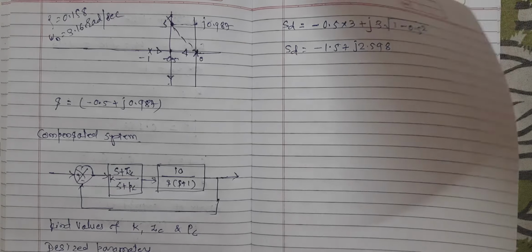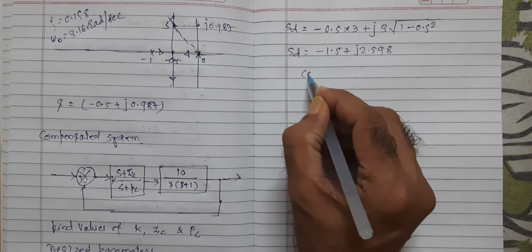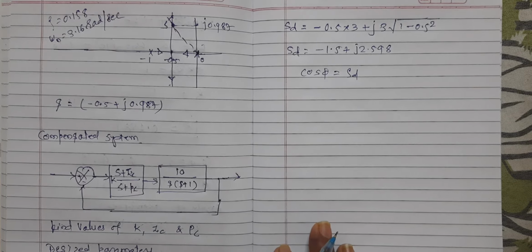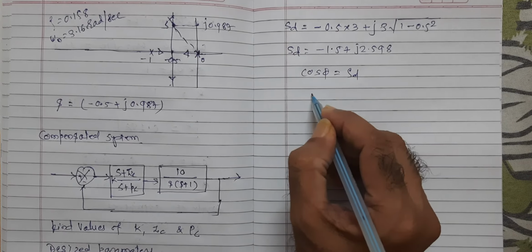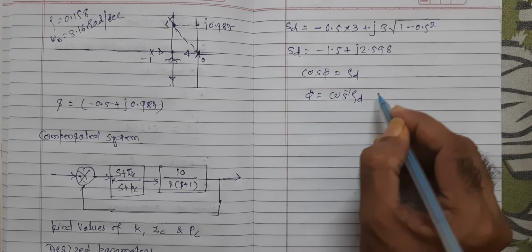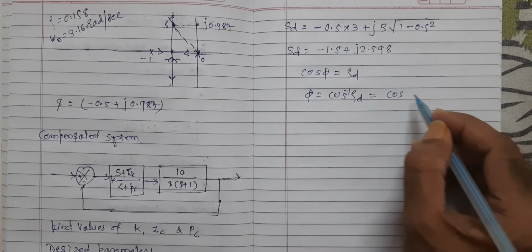Here this value we have. Now we know cos phi is equal to eta d. So phi is equal to cos inverse of eta d, and eta is how much? 0.5.